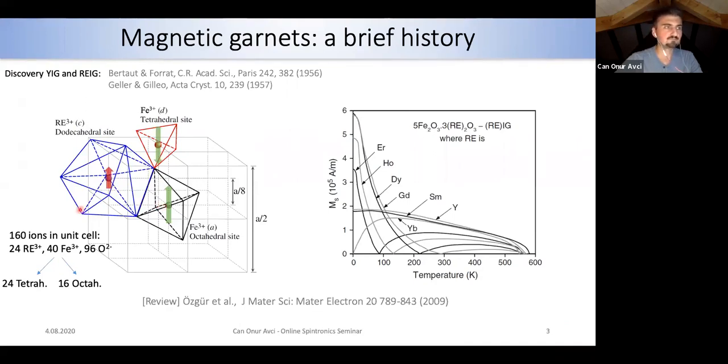Therefore, due to the different magnetic contribution of this site, you see here on the right side that the saturation magnetization behaves very differently as a function of temperature when you have different rare earths here. Also the magnetization of this rare earth vanishes at a relatively low temperature, still high, but relatively low.